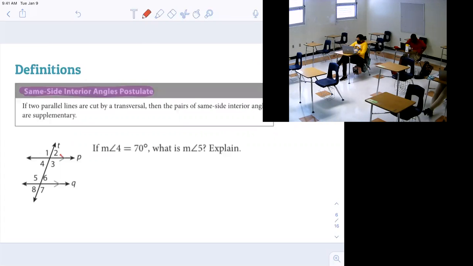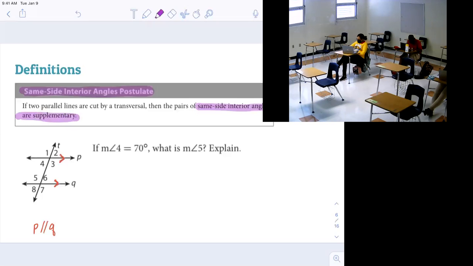Just like you had asked before, these little symbols right here tell us that P and Q are parallel. So P is parallel to Q. I already know that because it's in the diagram. And now we can use the relationship it's telling us: same side interior angles will be supplementary.